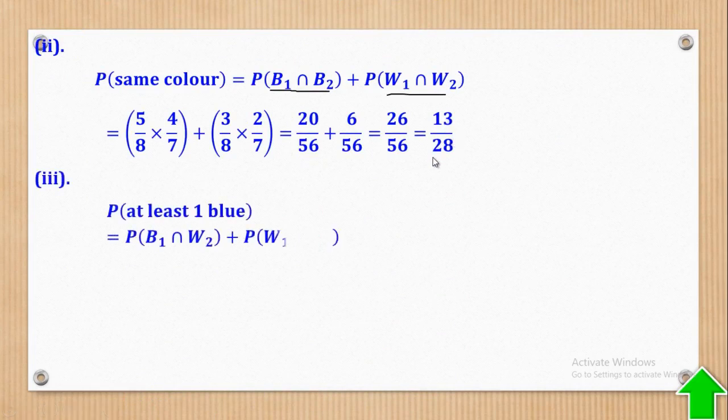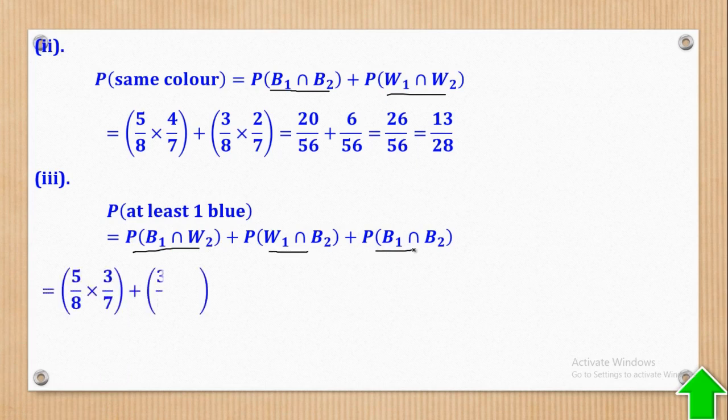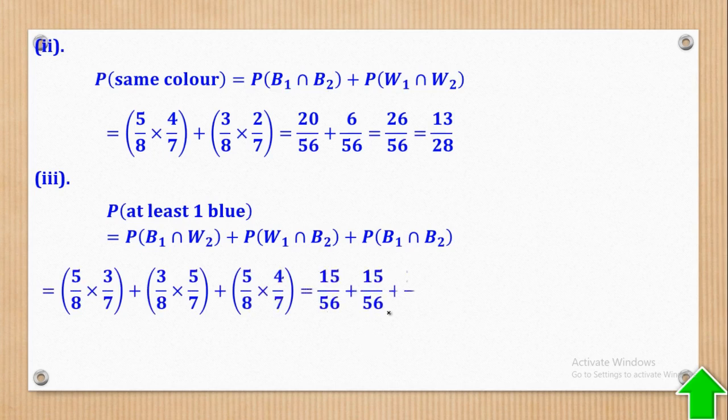Then at least 1 blue means 1 or more, so you can pick 1 blue or 2 blue. So you can pick first blue followed by white, or white followed by blue, or both blue. Still, we shall use our tree diagram to come up with those values.